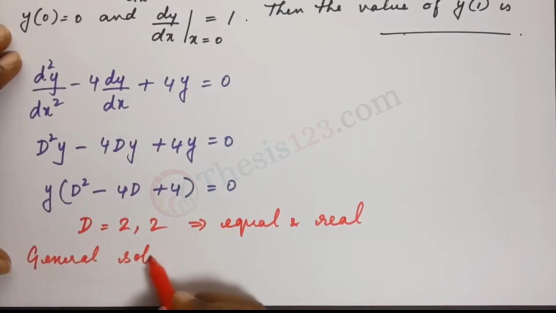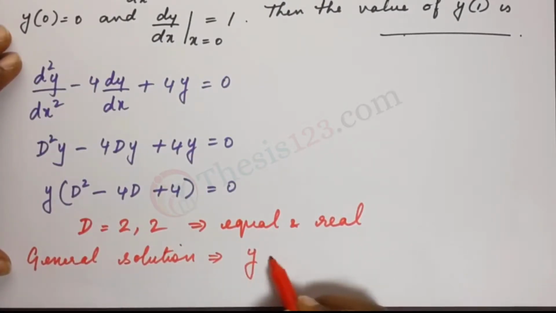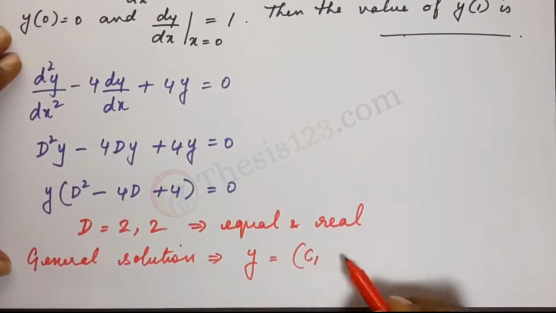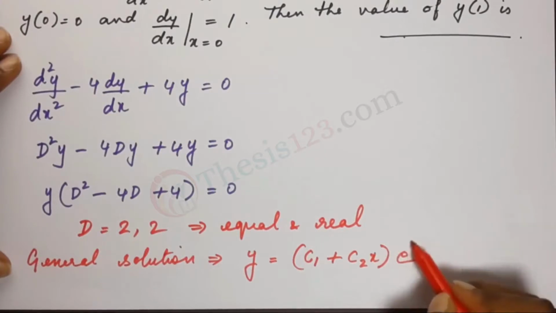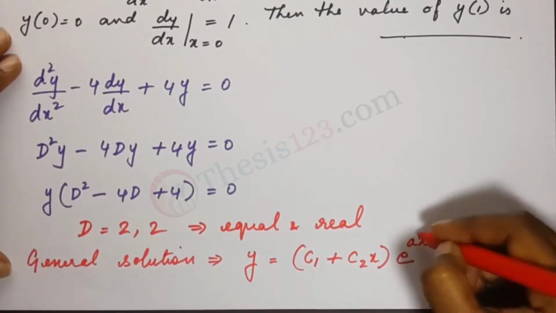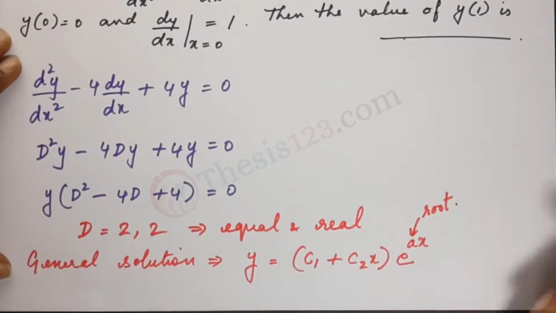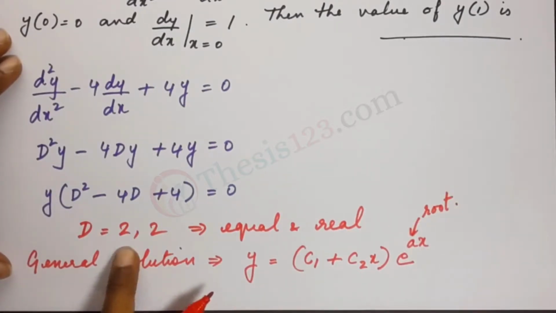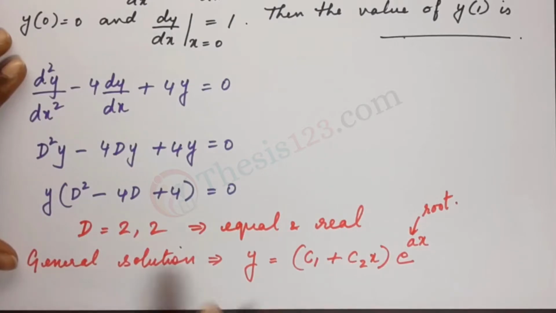Now when the roots are equal and real, we write the general solution as y is equal to c1 plus c2x into e power ax, where a is the root that we have found, 2. So C1 and C2 are values that we still need to find. C1 and C2 will remain as constants in the general solution.